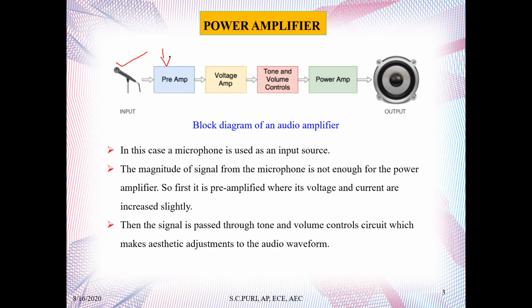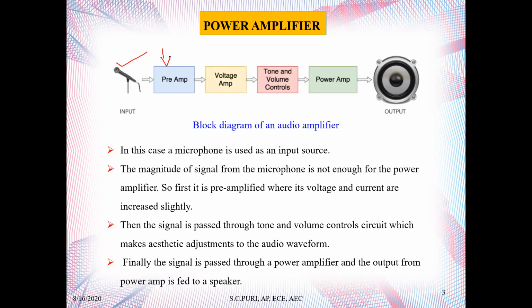When the signal is passed through tone and volume control circuit, we make acoustic adjustment to the audio waveform. Finally, the signal is passed to the power amplifier. As you can see here, this is the final stage, and the output from power amplifier is fed to speaker.